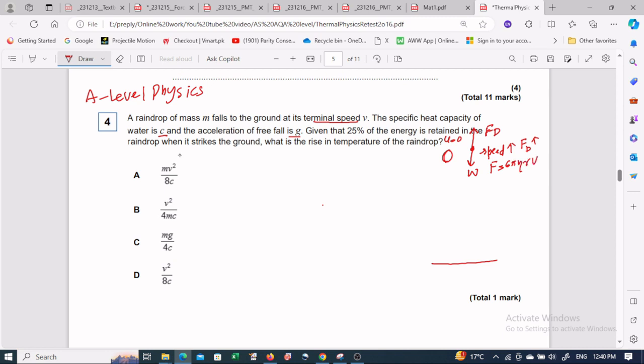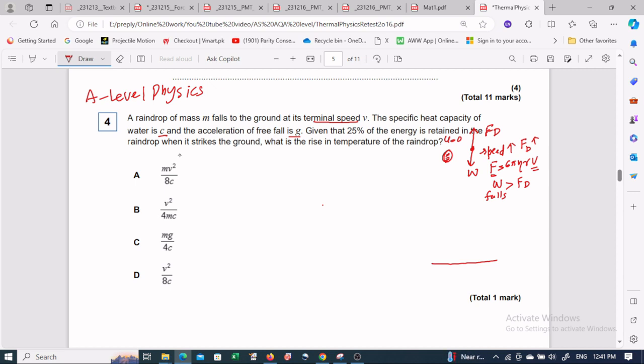So when the speed increases, the drag force must also increase. Initially the liquid droplet is falling down, so its weight is greater than the drag force. That's why it falls downward.